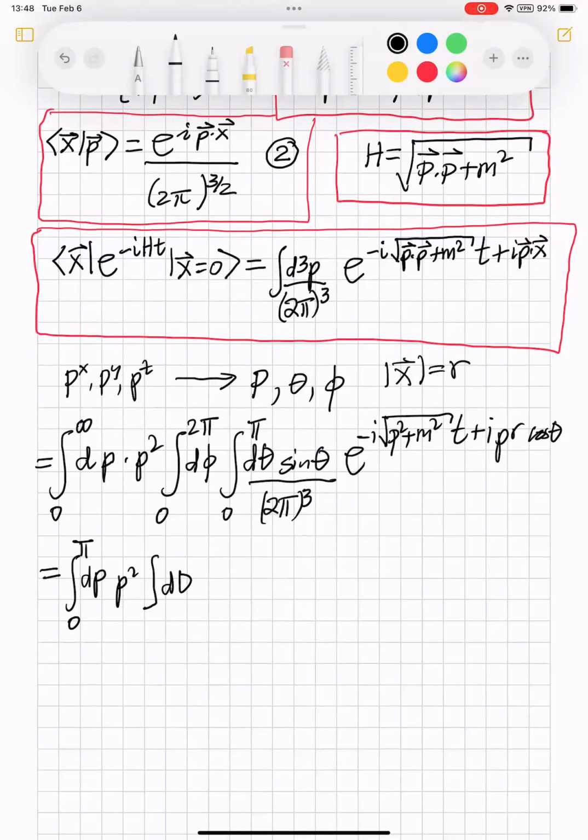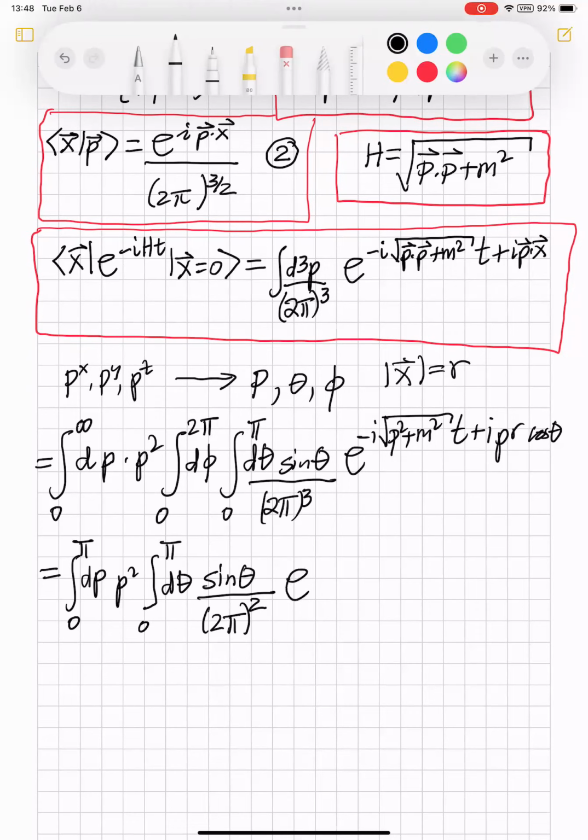We still have an integral d theta from 0 to pi. The integral over phi has given us a factor of 2 pi, so we get sine theta over 2 pi squared. The 2 pi coming from the integral over phi has cancelled one of the 2 pi's in the 2 pi cubed, so we've now only got 1 over 2 pi squared.